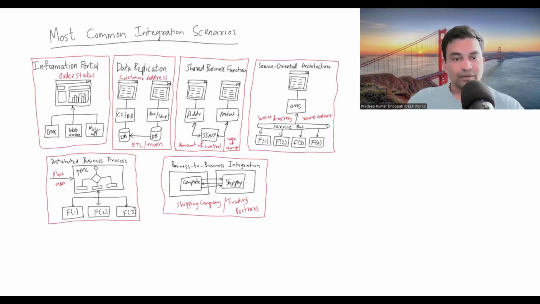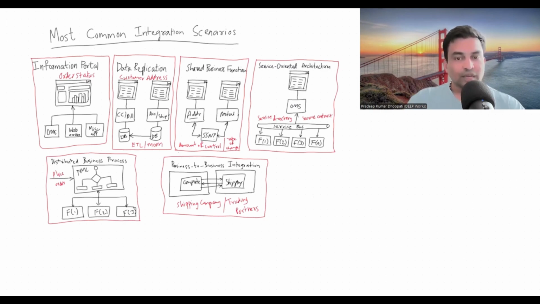The second integration scenario is data replication. Imagine a situation where a customer is calling the customer care representative to update his address, and this customer's address might be there in several different systems like the customer care system, or a billing system to send the invoice, or the accounting system where it calculates the tax, or the shipping management system where it creates the label to send or ship the order, and things like those applications.